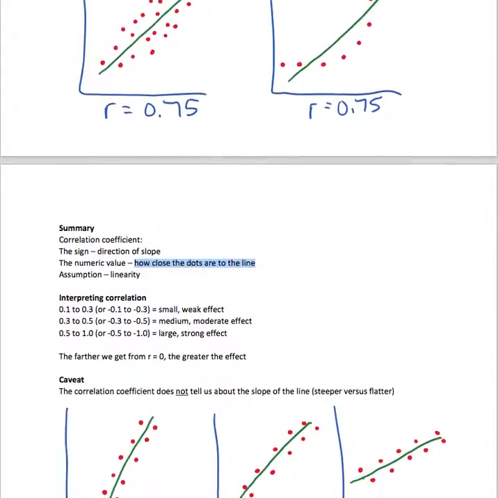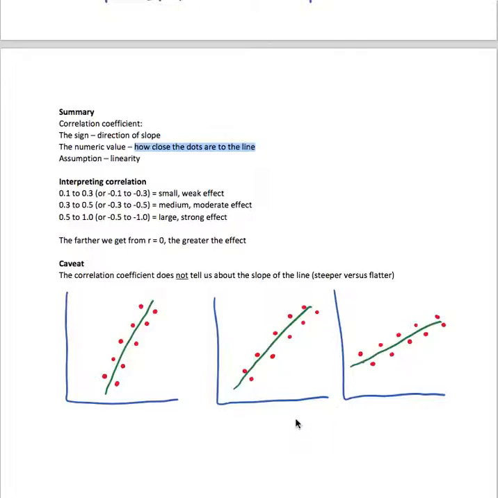Okay, so here is the caveat, and we'll be talking a little bit more about this in our next section of this lesson. The correlation coefficient does not tell us about the slope of the line, whether it's a steeper slope or a flatter slope. The correlation coefficient tells us how close the dots are to the line, not how steep the line is.